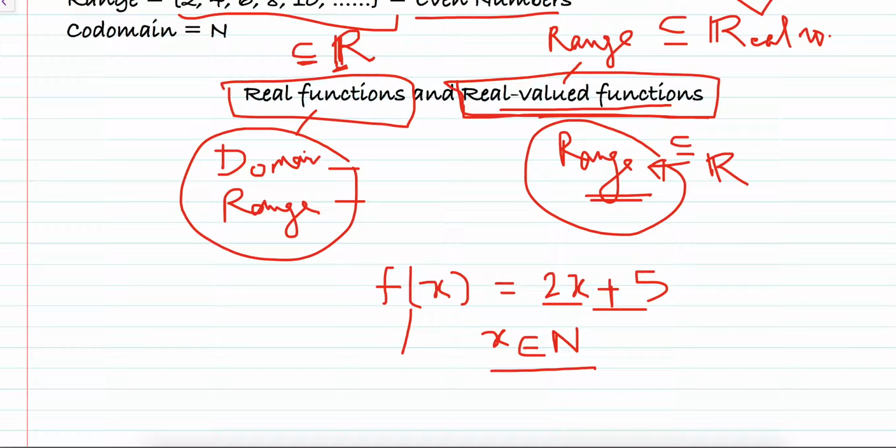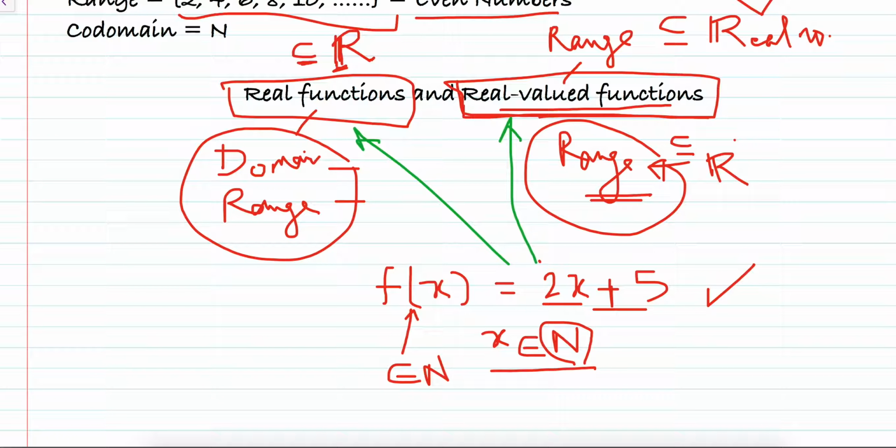So this will also belong to N. Here the domain as well as the range both belong to N, and N is clearly a subset of real numbers. So this is both a real valued function as well as a real function.